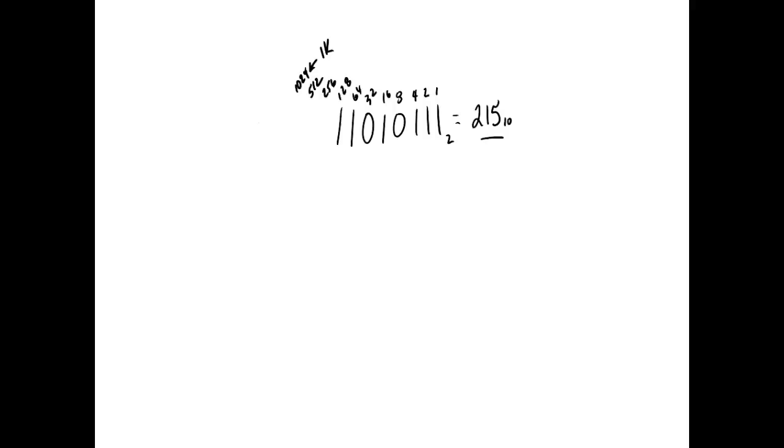In base 2, a K is 2 to the 10th. So what would a meg be? To the 20th. Yeah, to the 20th. So basically we jump in 10s on binary.